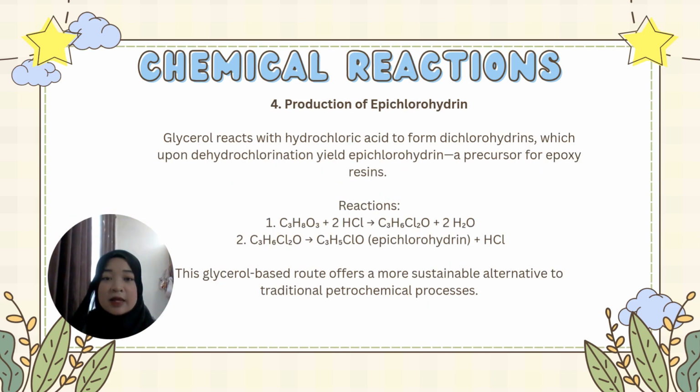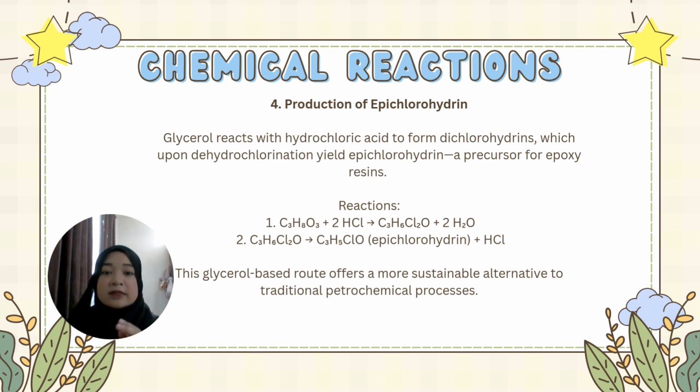For the next chemical reaction, which is the production of epichlorohydrin. Glycerol can be used to make epichlorohydrin, which is an important chemical used in making epoxy resin. The process happens in 2 steps. In the first step, glycerol reacts with hydrochloric acid to form dichlorohydrin.